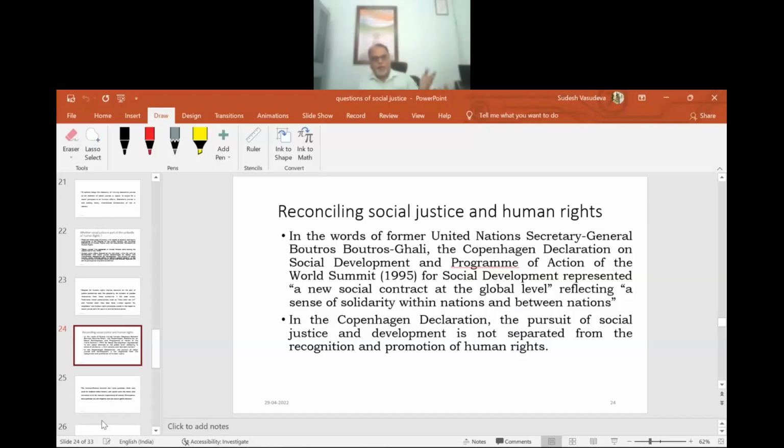But now, with the specific adoption of this Copenhagen Declaration, there is a direction that there must be a pursuit of social justice and development, which should not be separated from the recognition and promotion of human rights.